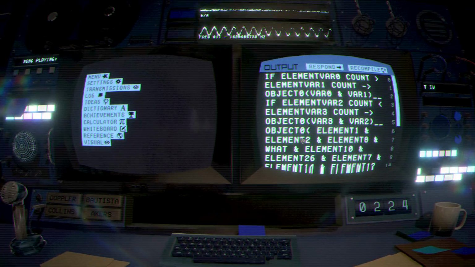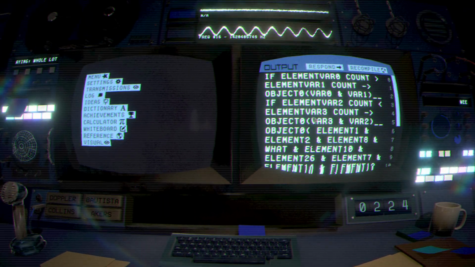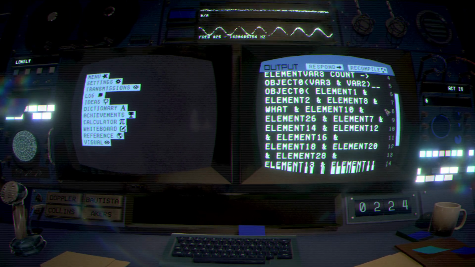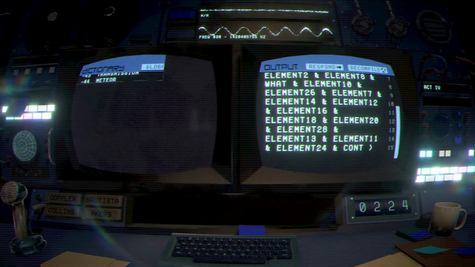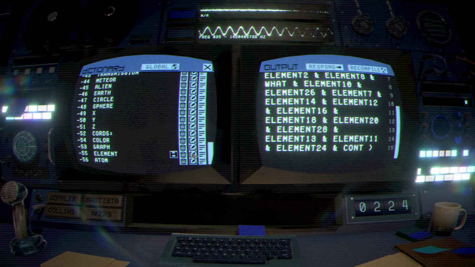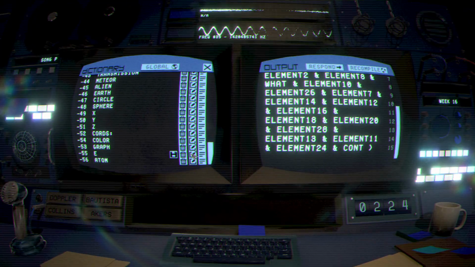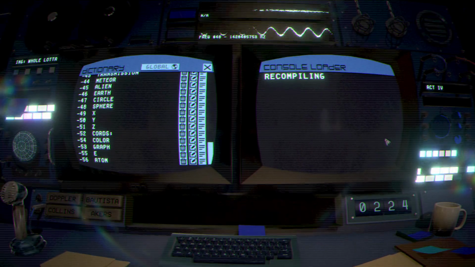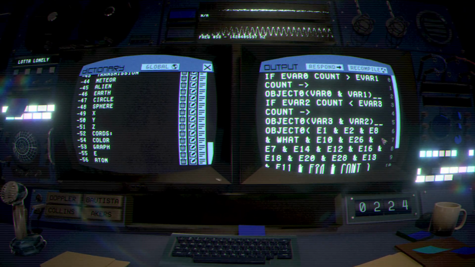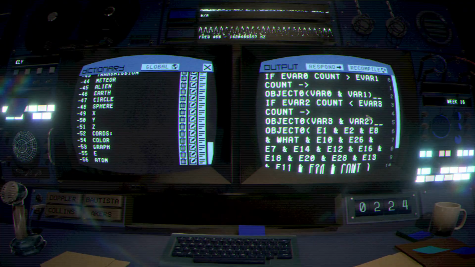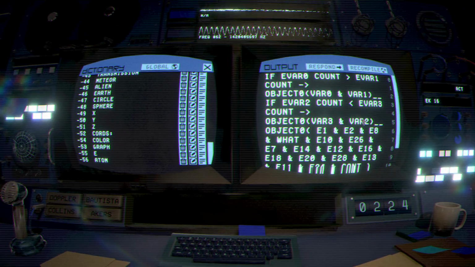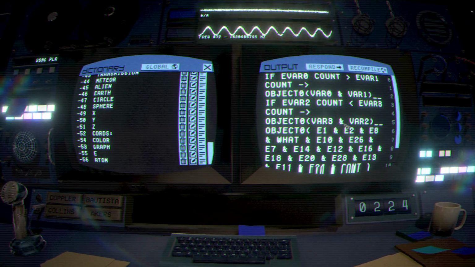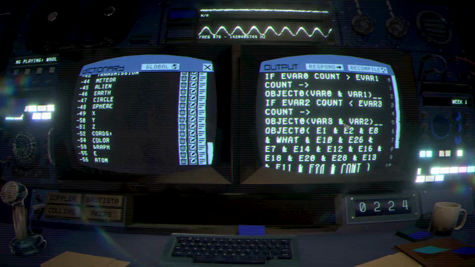Oh boy. Okay. First off, we desperately need to shorten the word element. Just go for E for now. That won't bite us in the butt later, but okay.